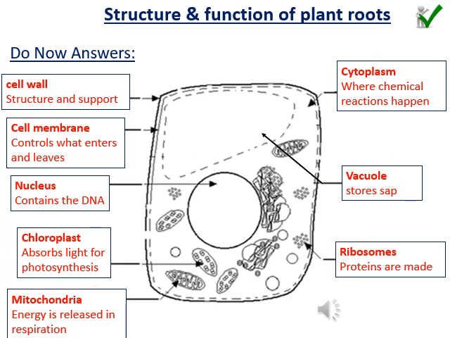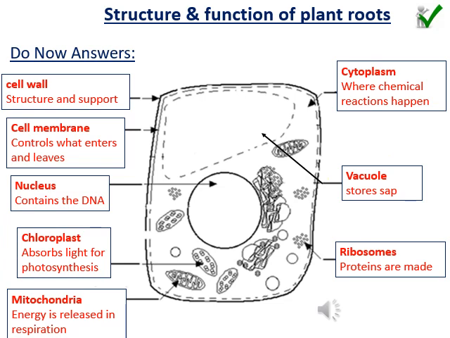So, for example, if for the nucleus you said something like it is the brain of the cell, which is very descriptive, it's not necessarily what you need to look for there. So you need to improve it by adding in a different coloured pen that the nucleus contains the DNA. If, for example, for the ribosomes, you put protein synthesis, that is correct, but did you know what protein synthesis meant?